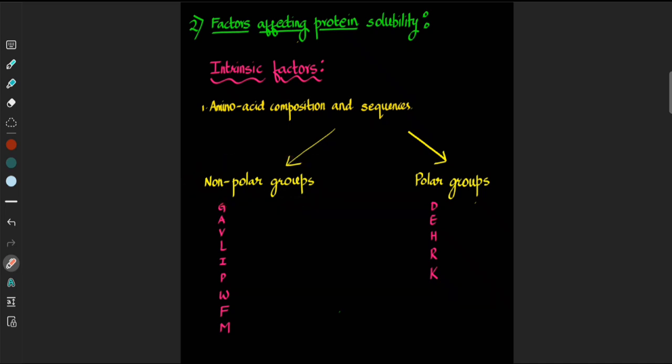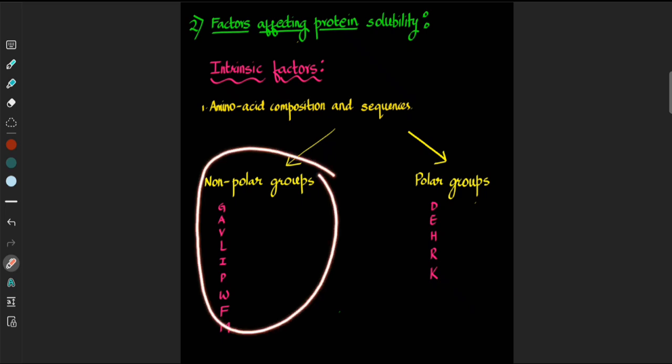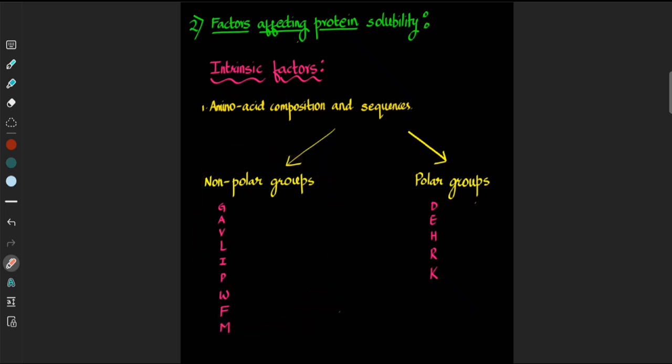So if a protein has a polar group present in its R group, and as a whole the amino acid is a polar amino acid, then it's going to be more soluble in the solvent, right? And if the amino acid does not have any polar group, that means it is a hydrophobic amino acid.